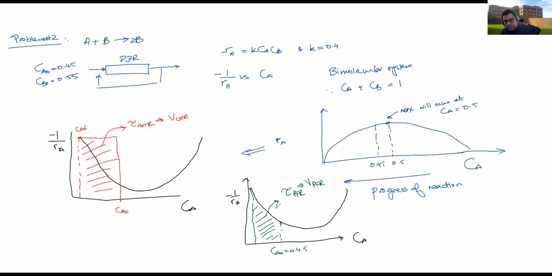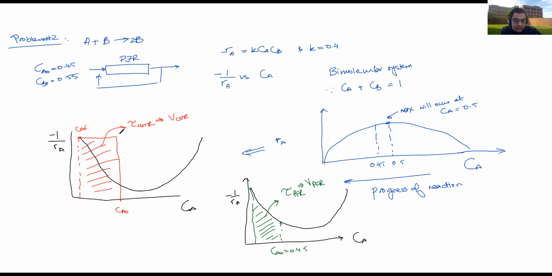Okay, so if I take a look at these two cases, the idea here, which is part of the lecture as well, is that if you want to gauge whether a reaction should be done in a PFR or a CSTR, you need to plot -1 over RA versus Ca. For most of the reactions we're going to deal with in this course, it's going to look like an inverse curve like this.